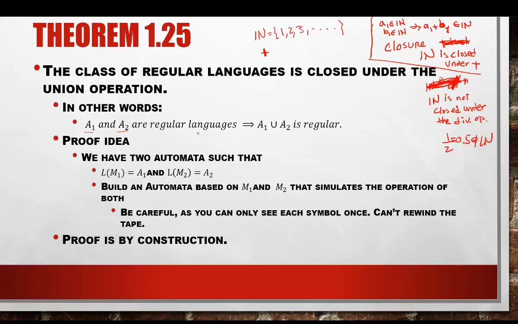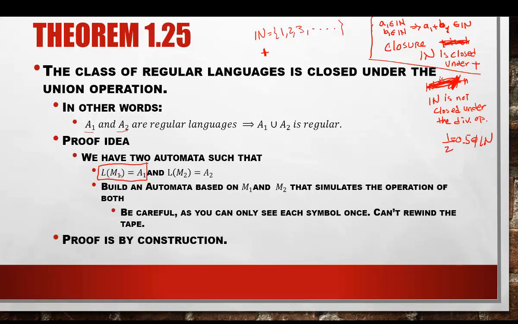Now again, going back to our definitions, we write this math instead of the English language to carry those meanings. So when I say that whole big sentence, that there is an automaton M sub 1 such that it recognizes the language A sub 1, the way that I would write it mathematically is this: L of M sub 1 is equal to A sub 1.